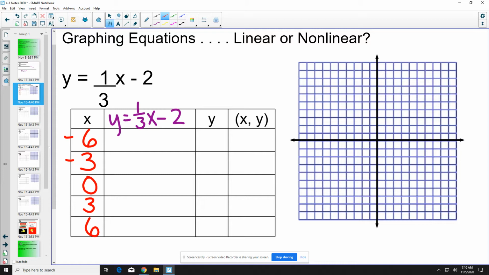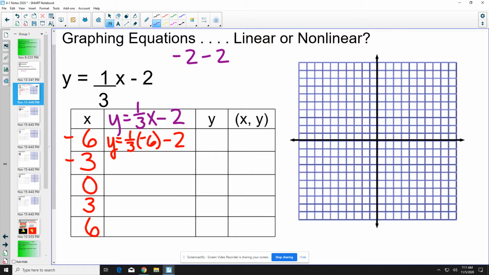All right, now what we're going to do, when x is -6, we're going to take our equation, y equals 1/3, and put -6 in for x. So we're going to do 1/3 of -6. That's like taking -6 and dividing by 3. -6 divided by 3 is -2, minus 2. -2 minus 2, are they the same or are they different?